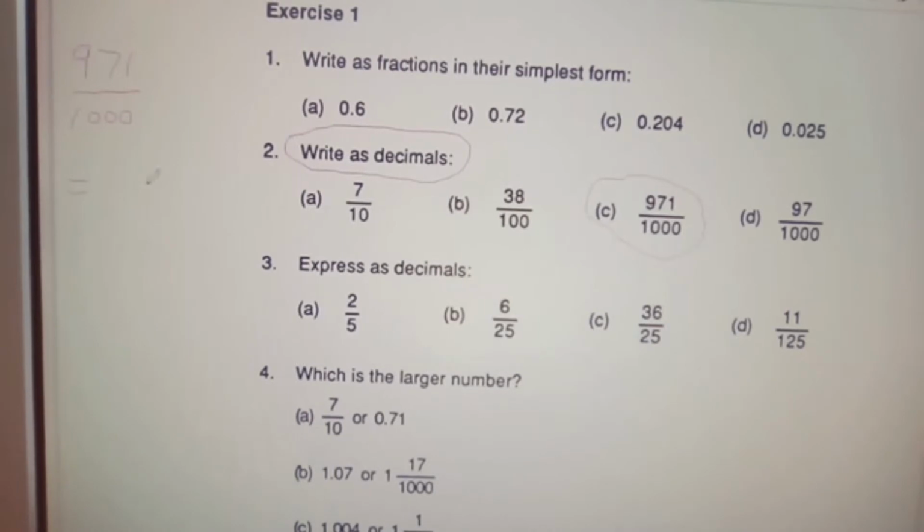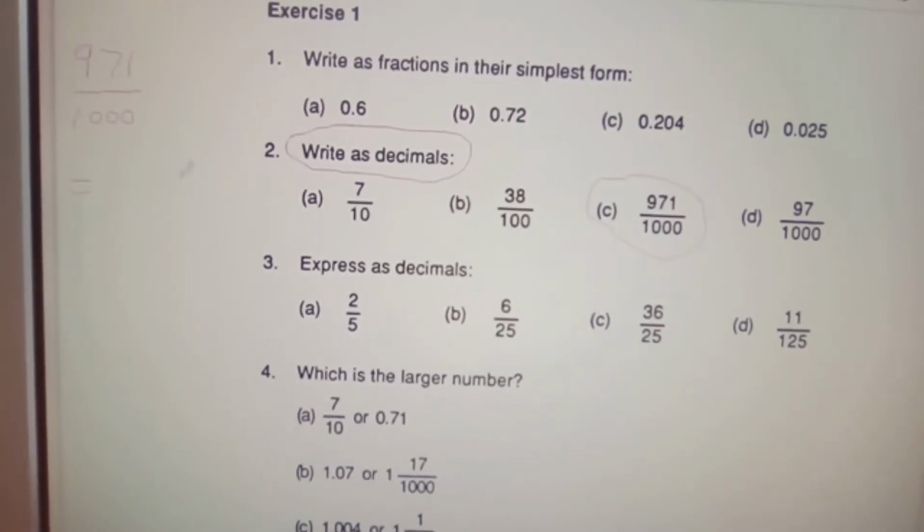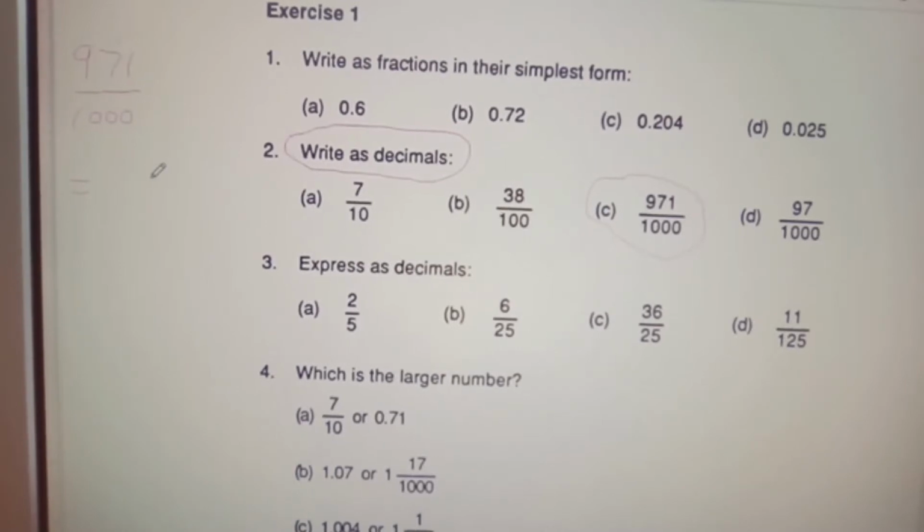We need to divide 971 by 1000. So let's look at how we can do that. We need to put 971 into a bracket. Okay, so let's make sure we have enough space. That's the bracket.